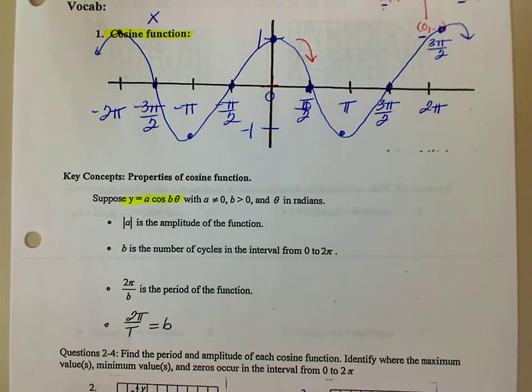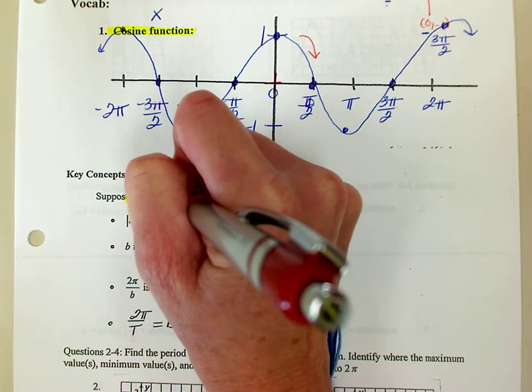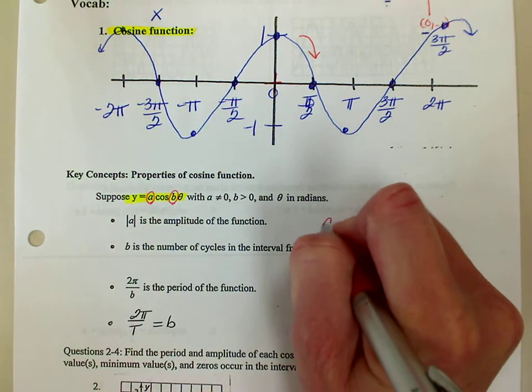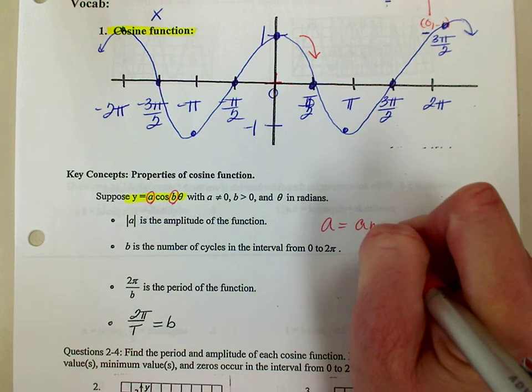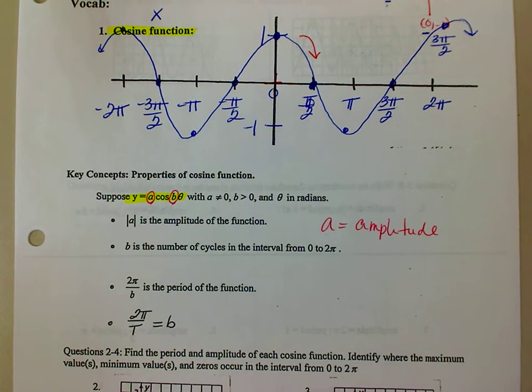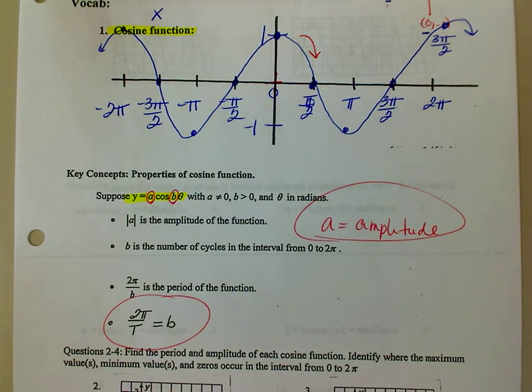And to make my equation, I still need to find A and B. A is the amplitude. And this is how you find B.